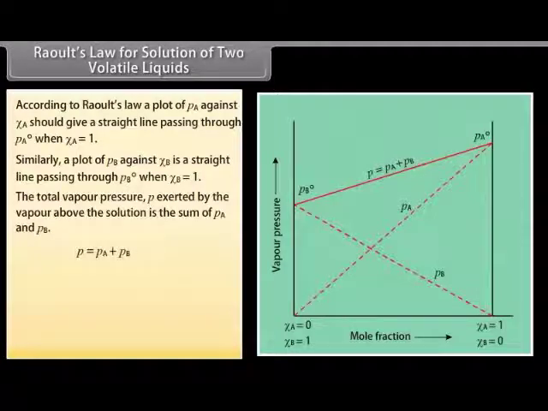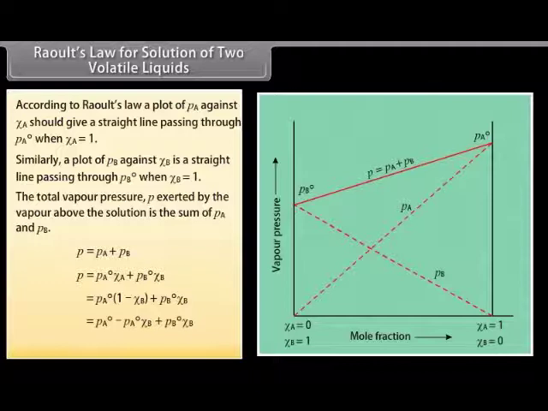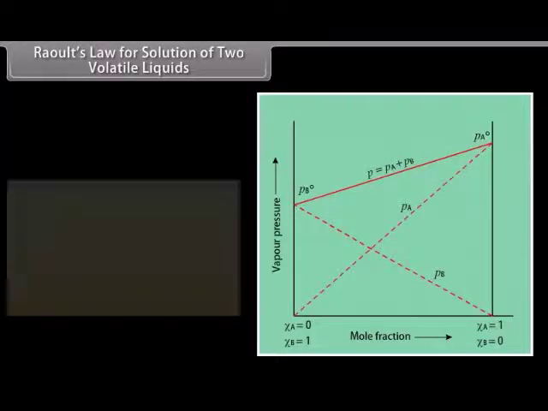P = PA + PB. By putting XA = 1 - XB, we get the relation P = (P0B - P0A) XB + P0A.